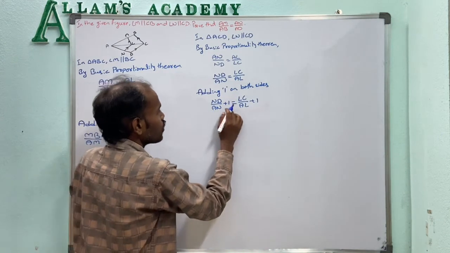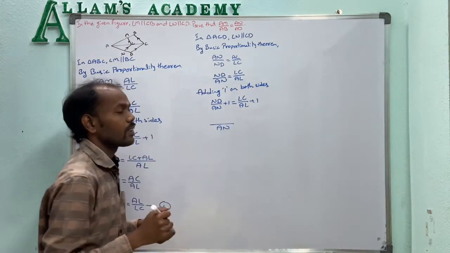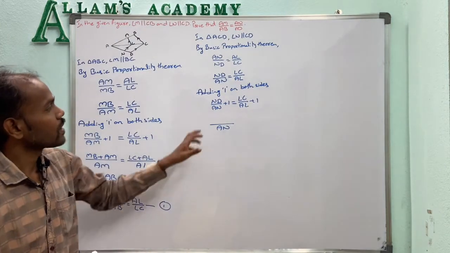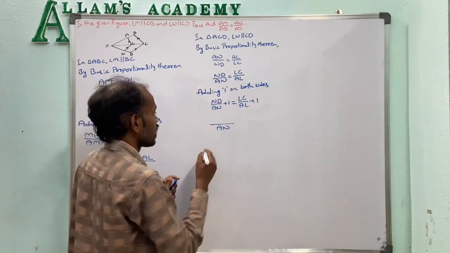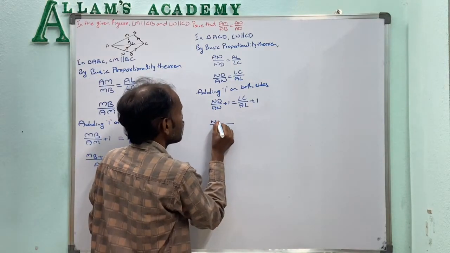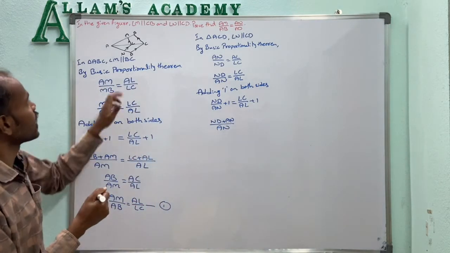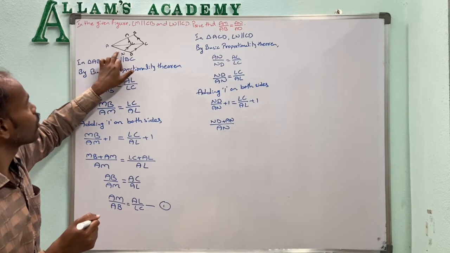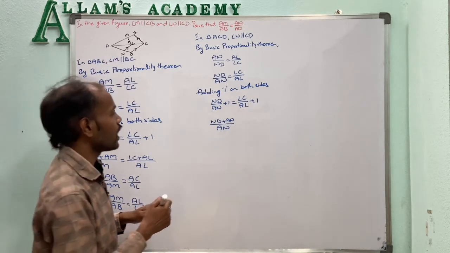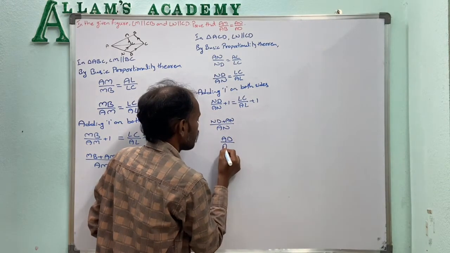Now we take the LCM as AN. ND plus AN over AN. ND and AN added is nothing but the total line segment AD. So that is AD by AN.